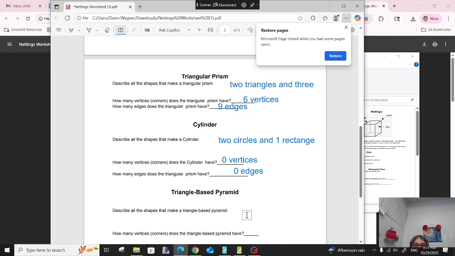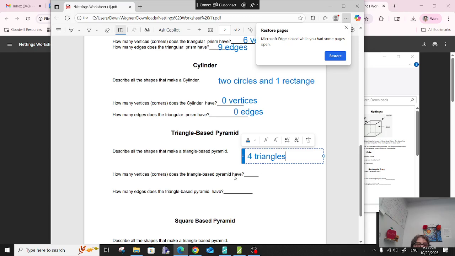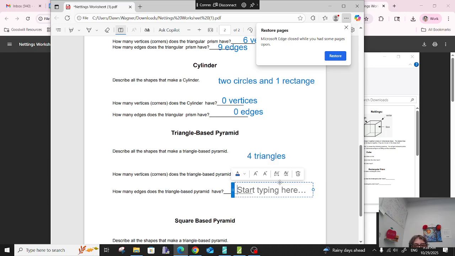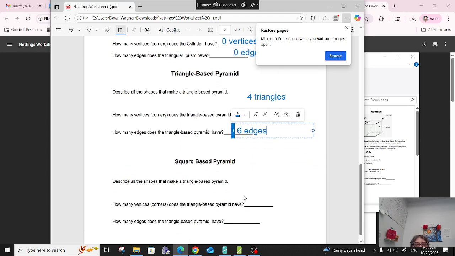How many triangles do you have? 4 triangles. How many corners does it have? 1, yep, 4 vertices. How many edges does it have? 6 edges.